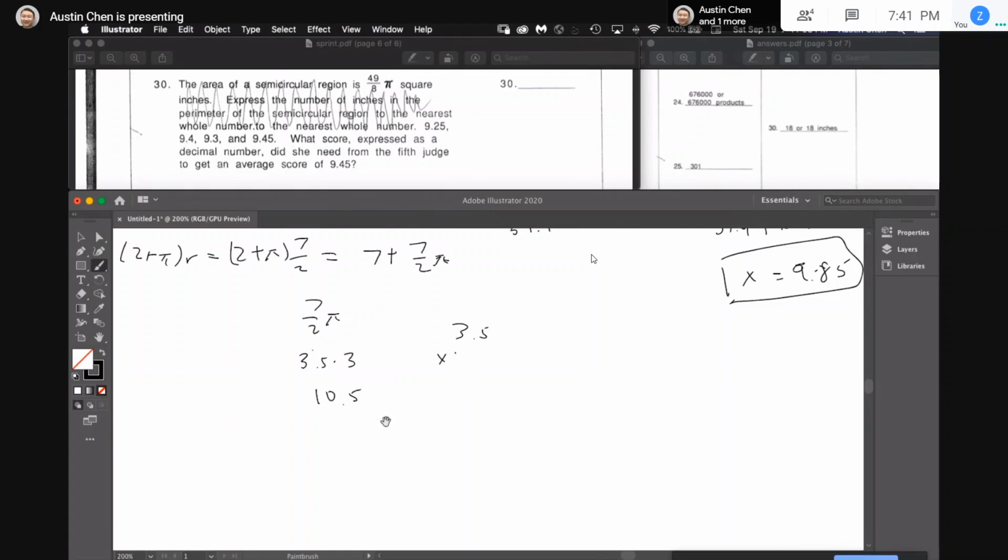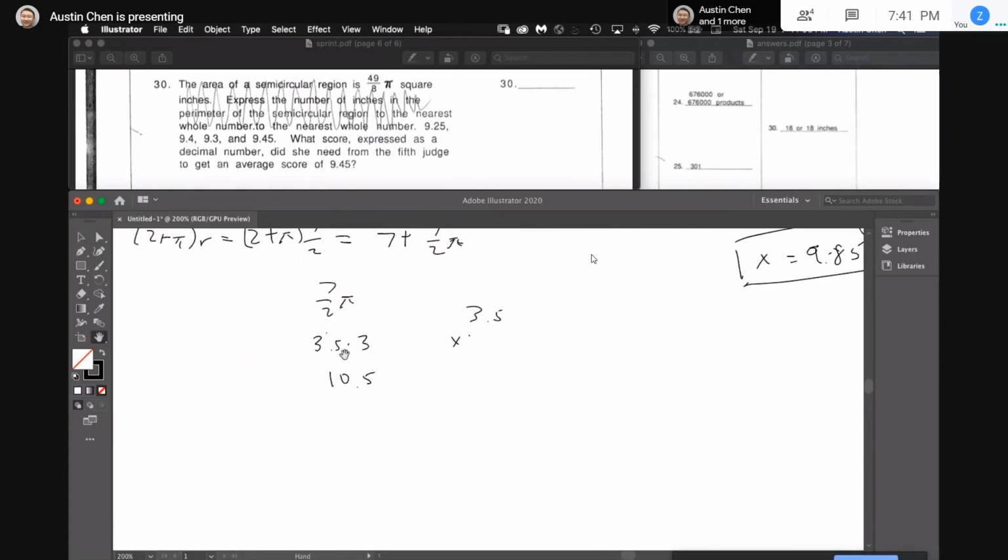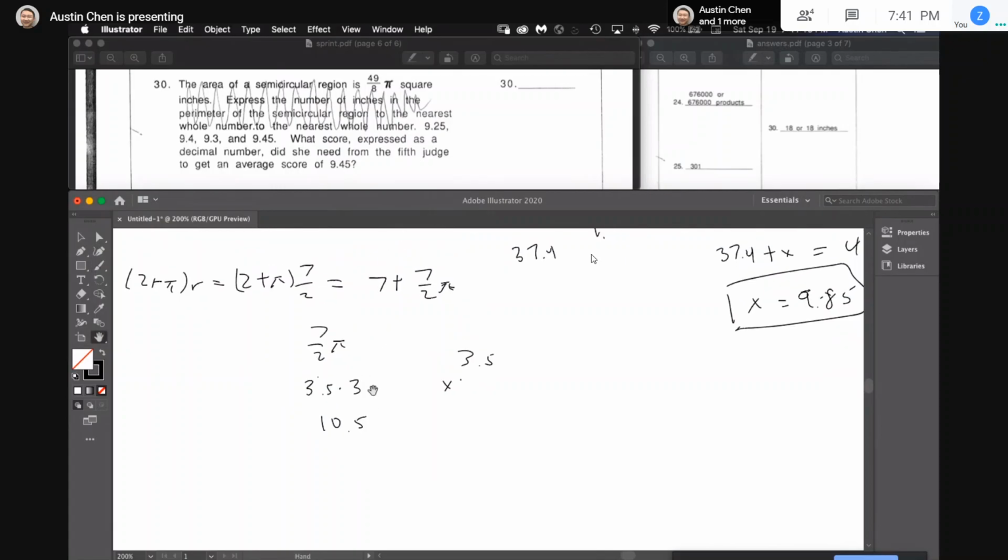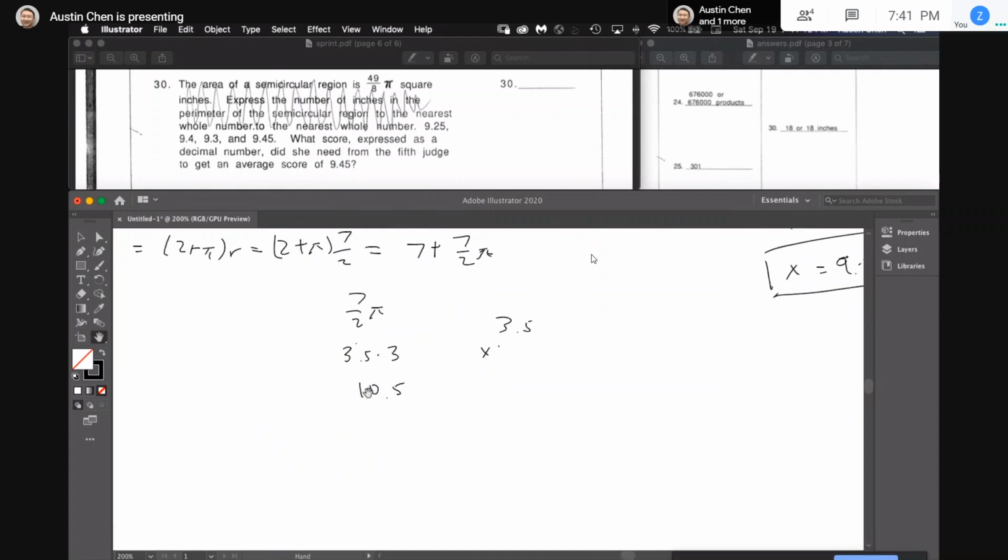If you want to do this faster, you can think of it like when we estimated pi to be 3, we're estimating it lower than it actually is, right? And then when you add on the stuff, it's going to be more than this. So then it would round to 11.